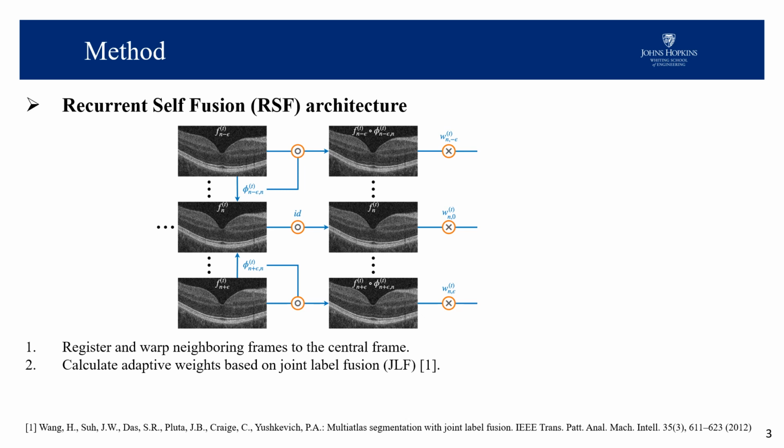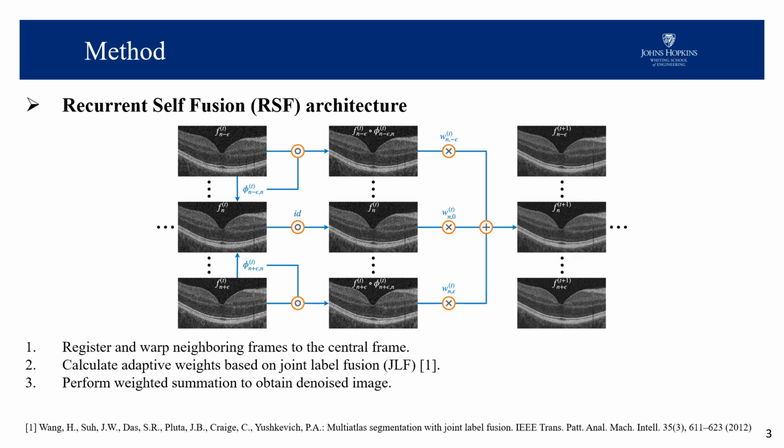The basic idea is to assign large weights if the local patch in the labeling B scan is similar to the local patch in the central B scan, and vice versa. After obtaining these weight parameters, we perform a pixel-wise weighted summation to obtain the denoised image. We call this procedure one iteration after applying these steps for all B scans in the OCT volume. After one iteration, we repeat this denoising procedure to further denoise the OCT volume.